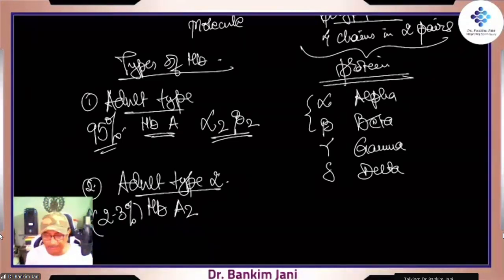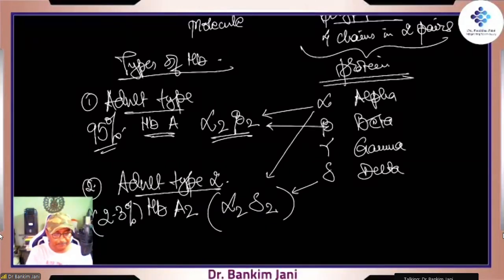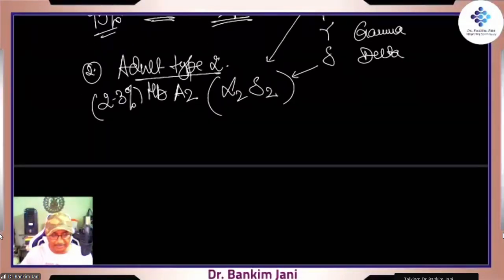And this is made with a combination of alpha and the delta. This one was made by alpha and the beta. So this is alpha 2, delta 2. Just in a minute, we'll see the importance of it.